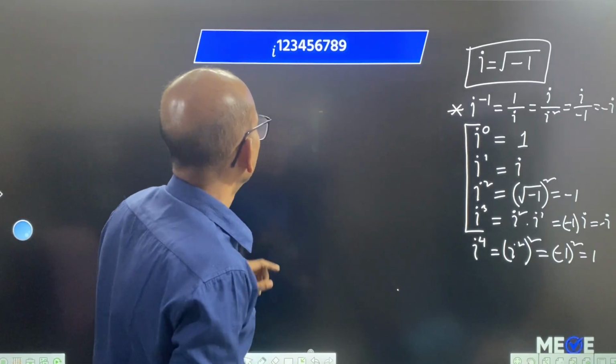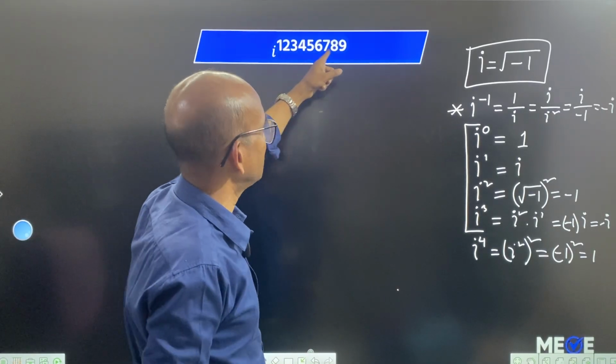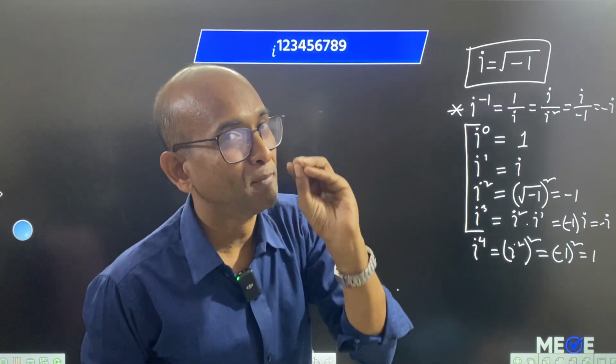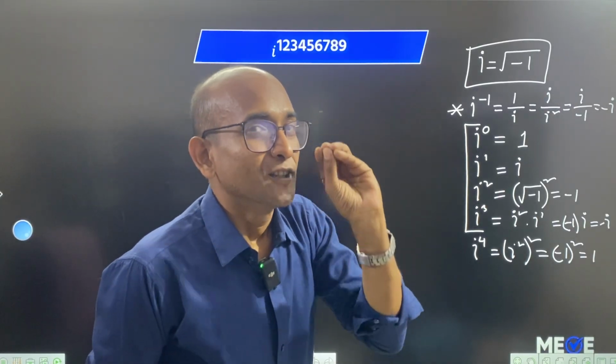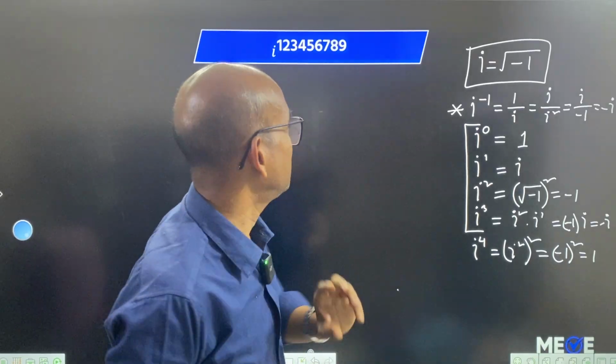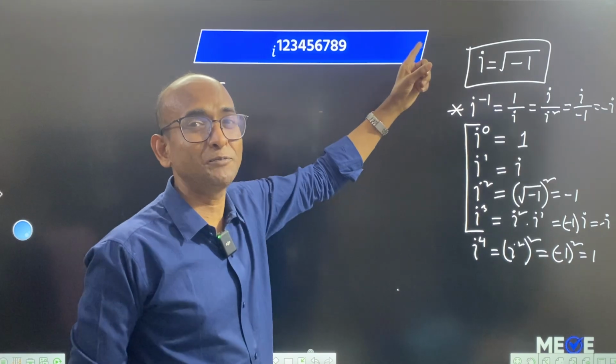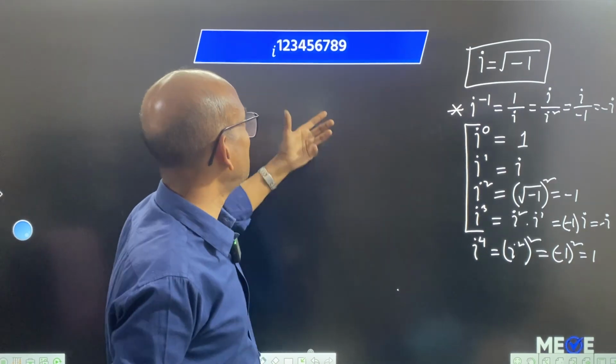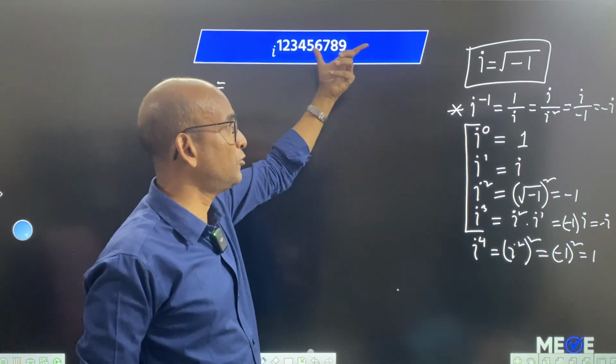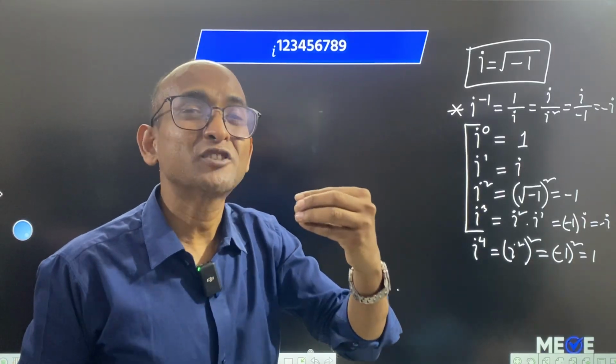So we have to divide this number by 4. Mind it, by 4. But what a big number it is to be divided by 4. It is difficult to divide this number by 4 within a few seconds.